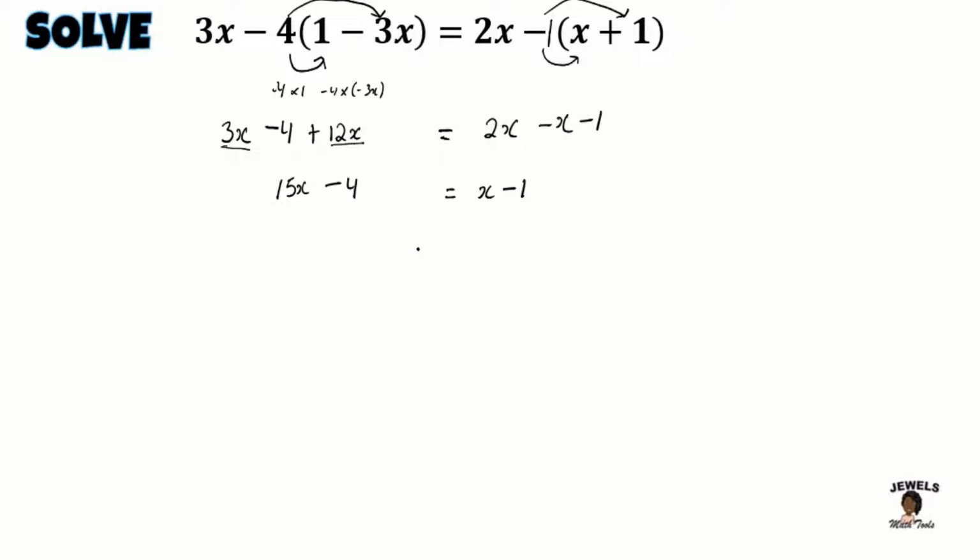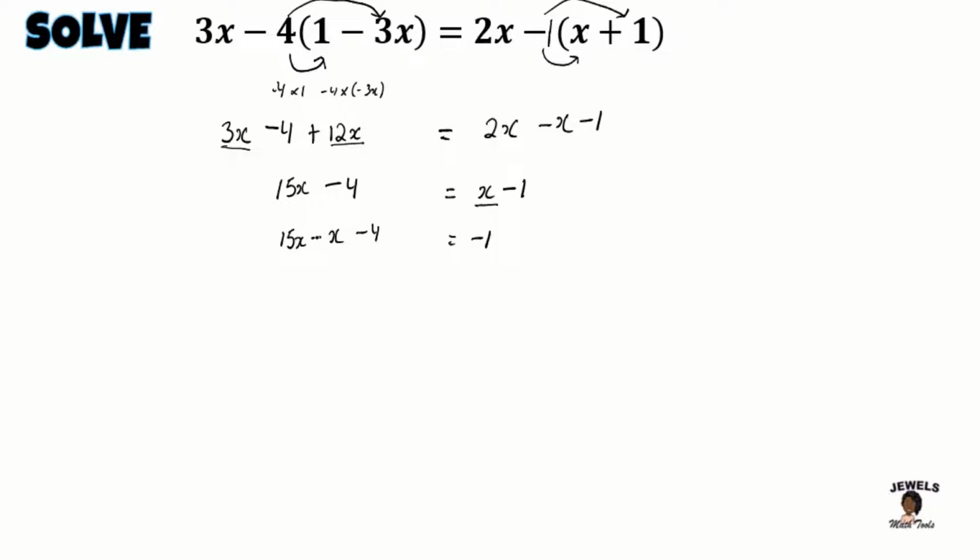So now this is where we apply our rules for collecting like terms across our equal sign. The first thing I'm going to do is collect my like terms with my x's. Since my x on the right hand side is positive, that means I'm going to minus that x from the left hand side of my equation.